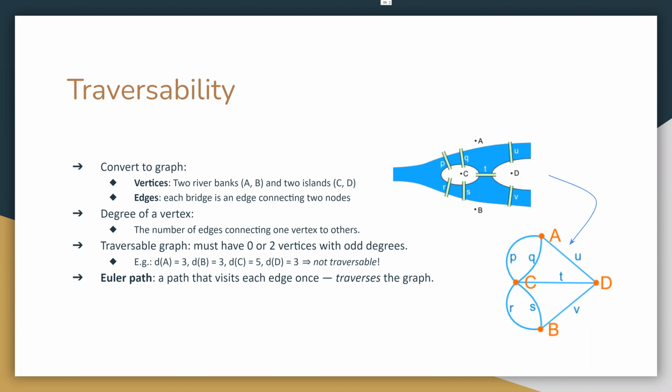So in this graph, we have A, B, C, D nodes. A, B, and D each have 3 connections, and C has 5. So you've got four nodes that have odd degrees, and that makes this not traversable. You cannot do it.